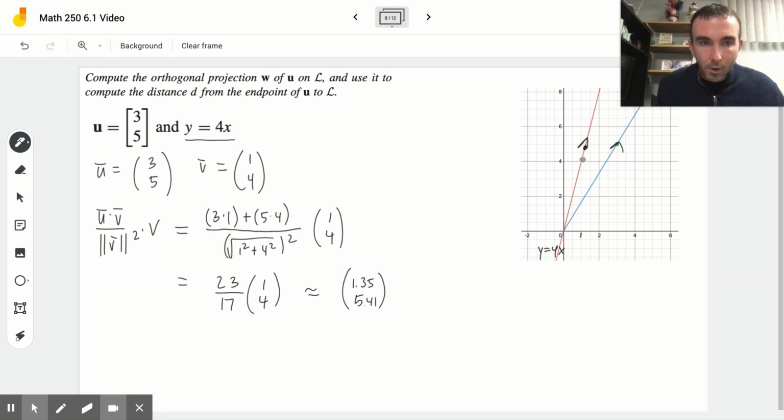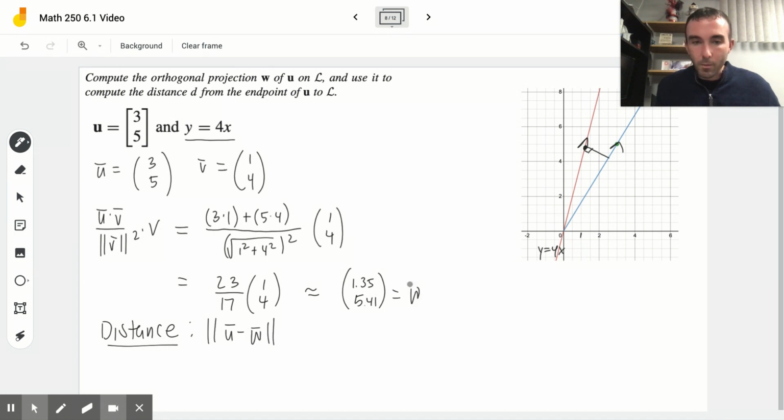I want to try to come up with a perpendicular from the red back to the blue. My drawing's not the greatest, but that's our goal. So this gives us a location. So now to find the distance, we calculate the norm of vector u minus vector w, which was our approximation from before.